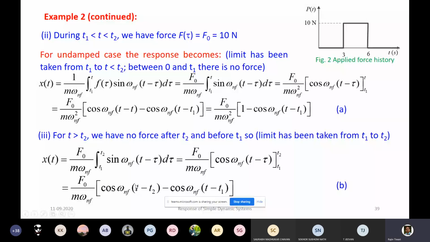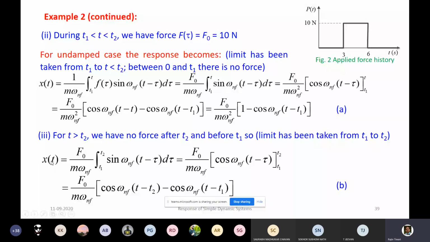So there is no additional force, but with time, because of this cyclic nature, they may vary, because this t is already there. When we put the limit, it is for tau, not for t. So this is the x(t) variation of the response.